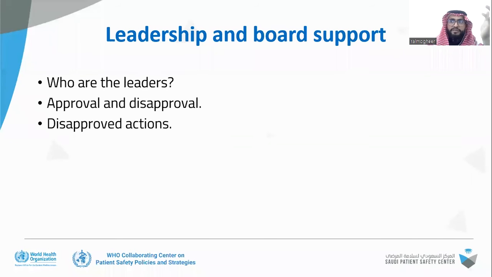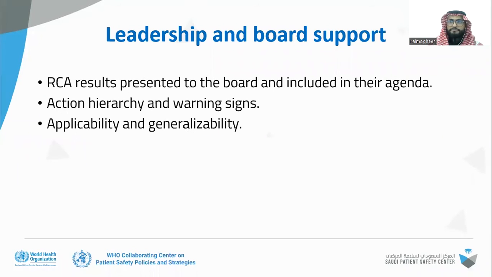If an action is disapproved, there should be a reason for its disapproval, documented and explained to the RCA team, so they can comprehend why it's not approved and come up with other actions that can help in the RCA.